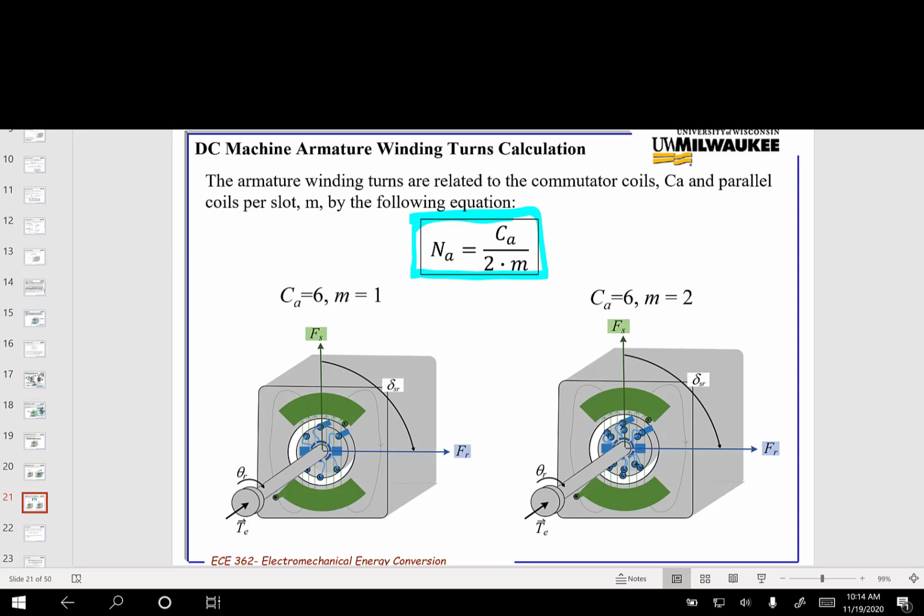So we have a turns function for the armature. It's CA, the number of commutator segments, divided by M, which is the number of conductors per slot, and then 2 is the number of basically coil ends, which you only have 2. You have an end going in and an end going out.